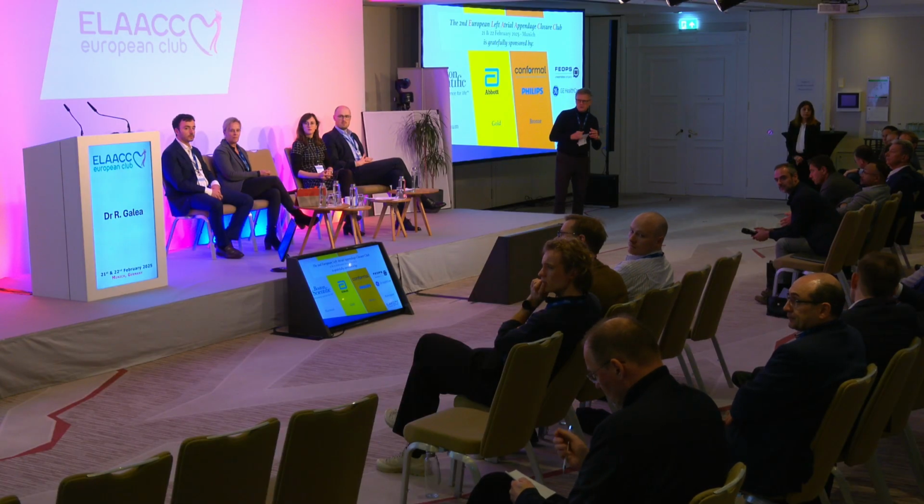Can I do one more comment? I think that we have to think about the kind of patient that we have, because sometimes we have a very fragile patient who cannot take any anticoagulation. So we have to think about the correct timing on the basis of the patient, because if it's a very old patient who cannot take any anticoagulation, I don't know if we need a 1-year control.